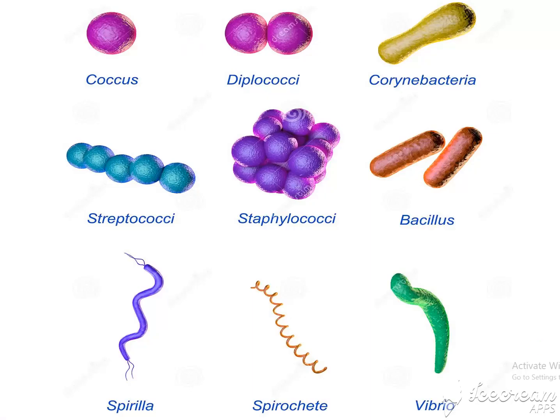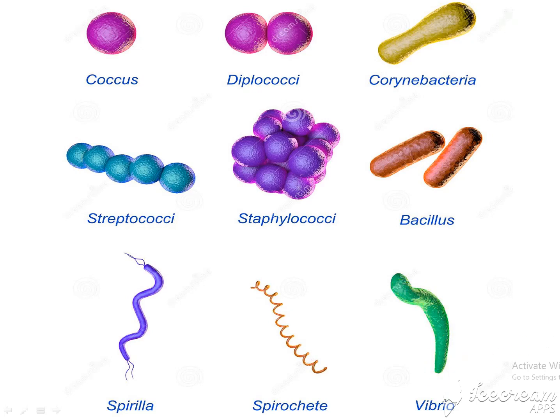And there are different shapes of bacteria: the round shaped coccus, the rod shaped bacillus, the spiral shaped spirilla, and the comma shaped vibrio.